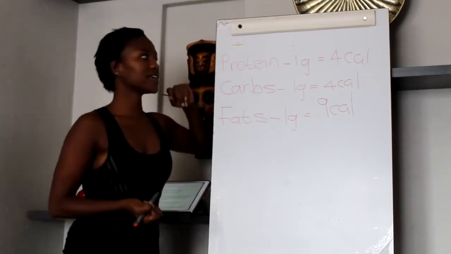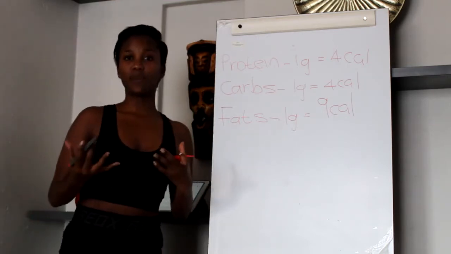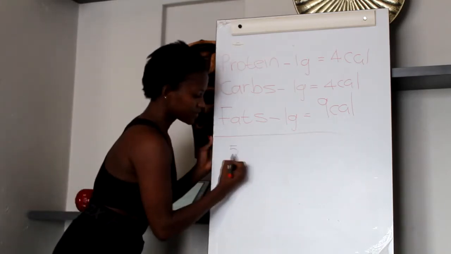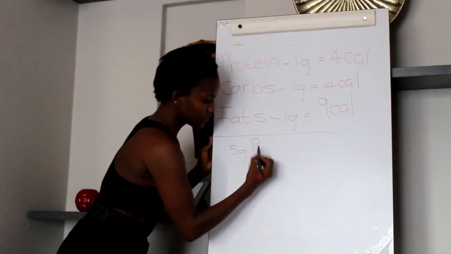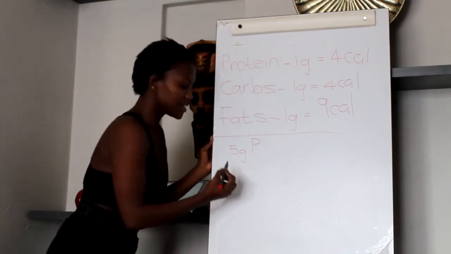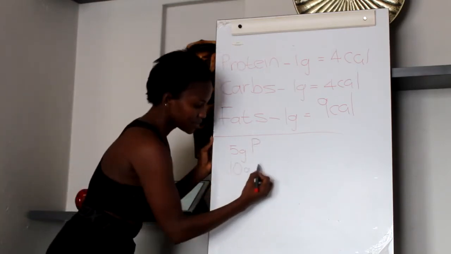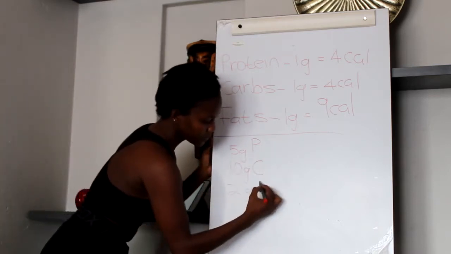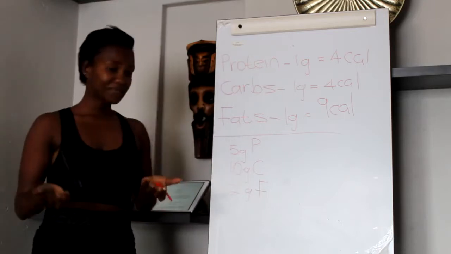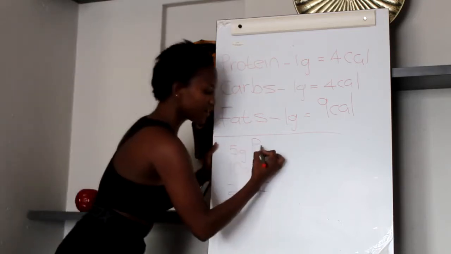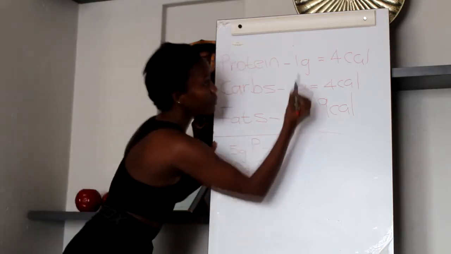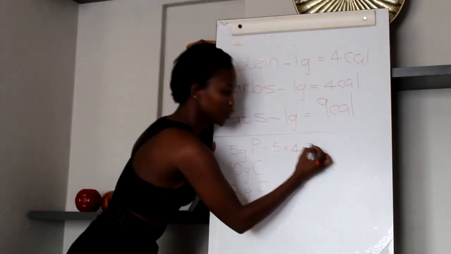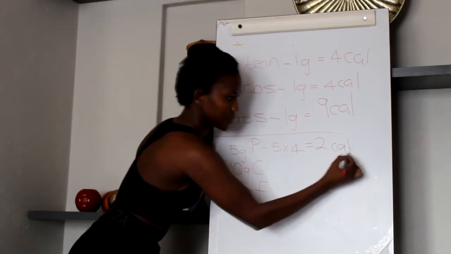For example, let's say you're having a protein bar. The protein bar has 5 grams of protein, 10 grams of carbs and 2 grams of fat. Now we're going to say 5 multiplied by 4, which gives us 20 calories.